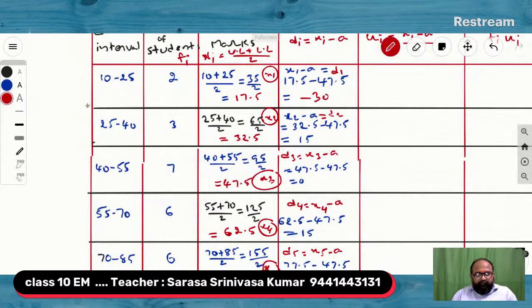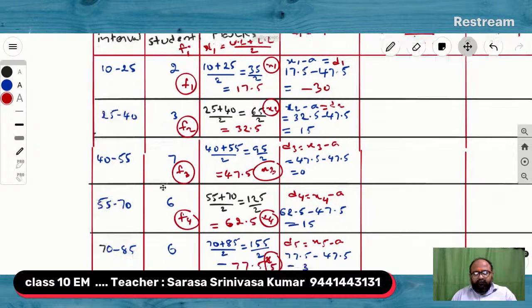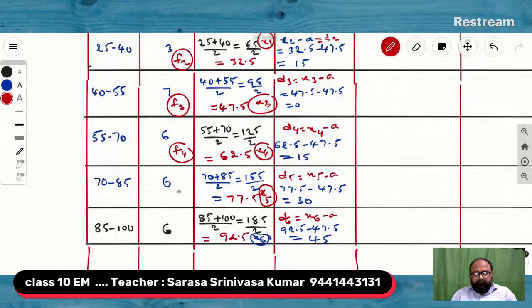And in this column also we will note down this: this is f1, f2, f3, f4, f5, f6.